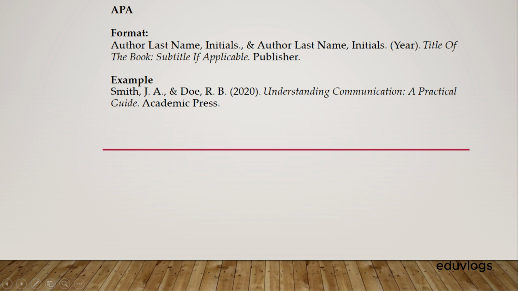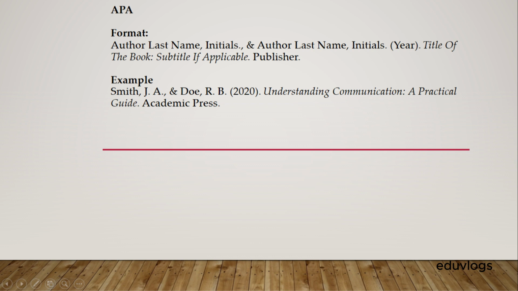So first the last name and initials of the first author, and the last name and initials of the second author, then followed by the year in brackets, followed by the title of the book, and if there is a subtitle, you can put the subtitle if applicable, then the publisher.